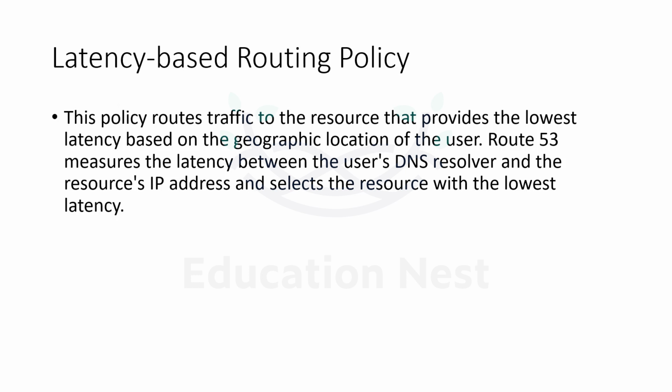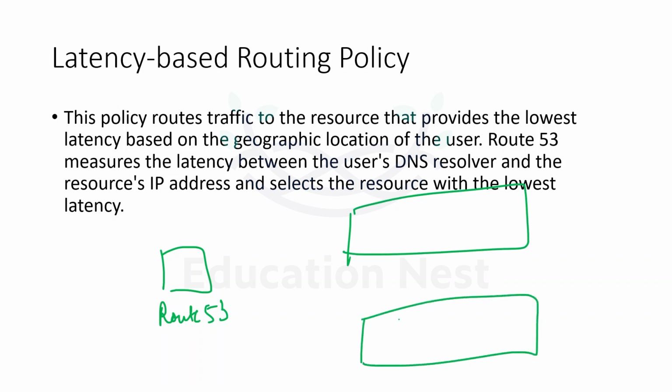Again, we have one diagram that we can use for understanding it better. We have Route 53 with us as always. We have two regions in which our workload is running, let's say one is US East 1 and another one is EU West 1.